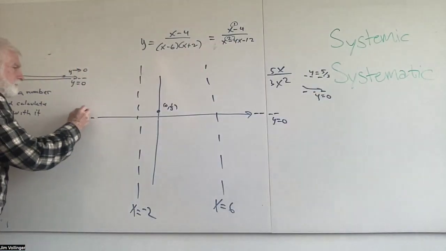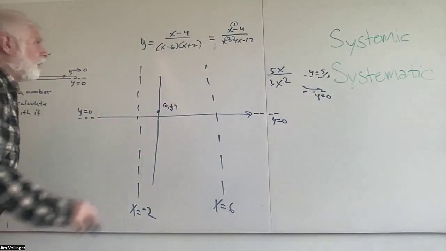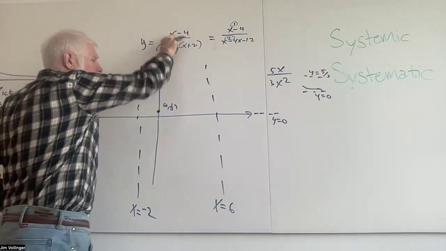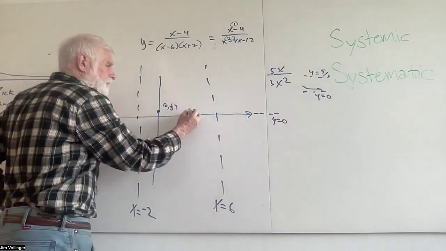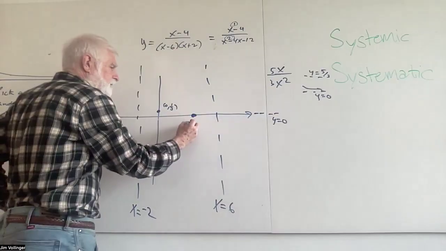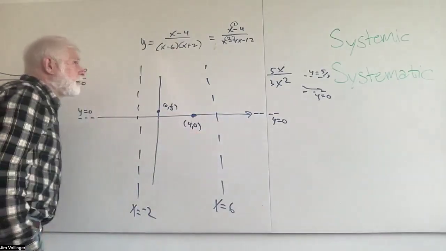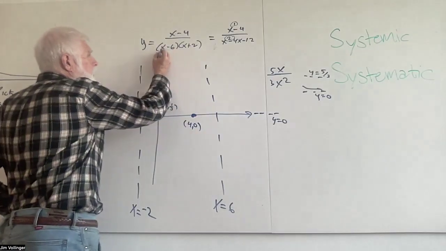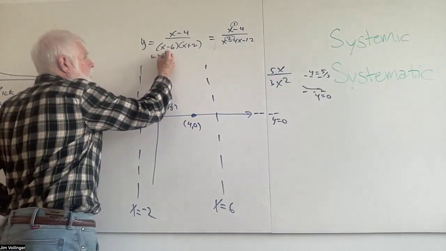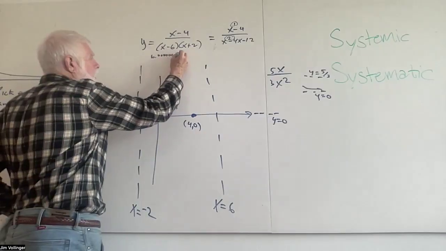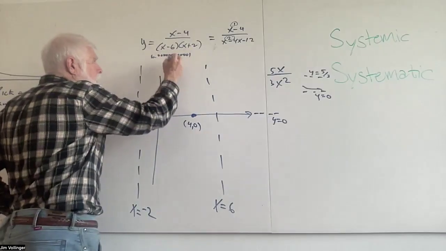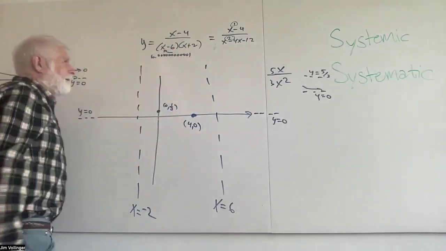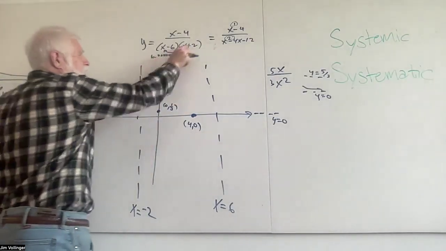Same thing over here. We know that when x is 4, if that's 6, 4 is about there, we have an x-intercept. We know if we put numbers in like 6.01 right there, oh, 6 plus 2 is 8.